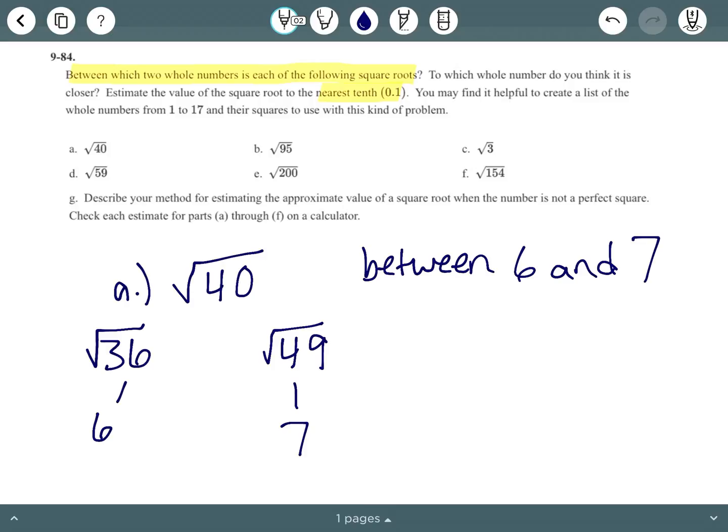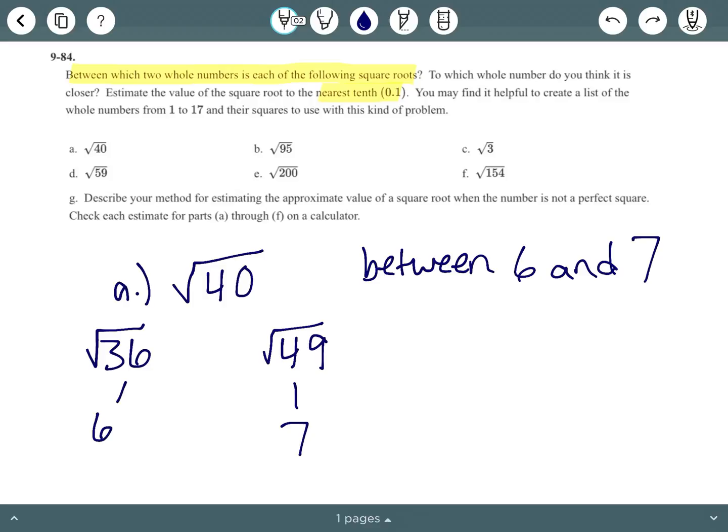Because between 36 and 40 there's only a difference of 4, and between 40 and 49 there's a difference of 9. So if I'm estimating, I'm just going to say, all right, let's make this an estimate of, let's say, 6.4.